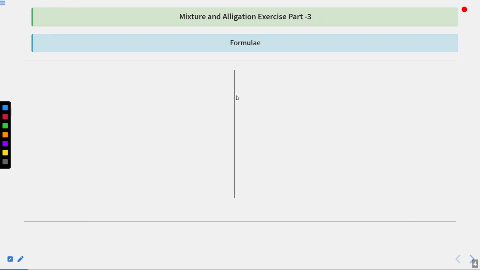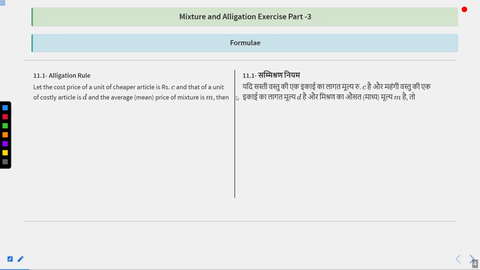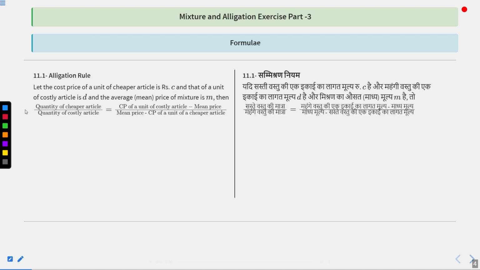Now formulas. First we see some formulas related to mixture and alligation. The first formula is related to the alligation rule. Let the cost price of a unit of the cheaper article be C rupees and that of a unit of the costlier article be D, and the average mean price of the mixture be M. Then quantity of cheaper article upon quantity of costlier article is equal to cost price of a unit of costlier article minus mean price, upon mean price minus cost price of a unit of the cheaper article.